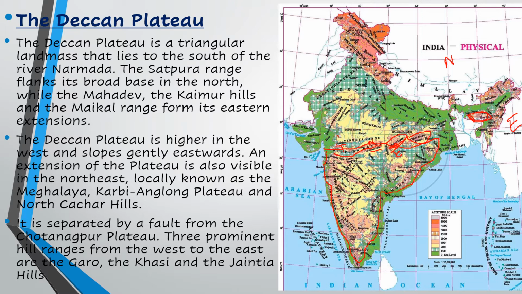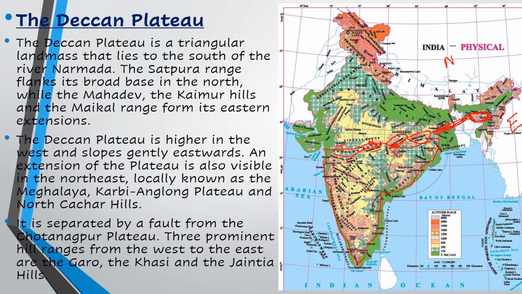So it is separated by a fault from the Chota Nagpur Plateau. In this area you can see the Rajmahal Hills, which come in Bihar. So there is a fault that has been created by the Chota Nagpur Plateau, and that is the reason why this Karbi Anglong Plateau is away from the Deccan Plateau.